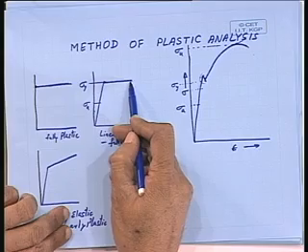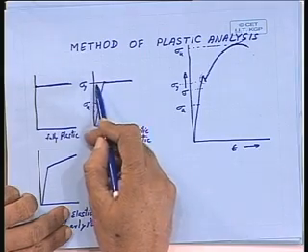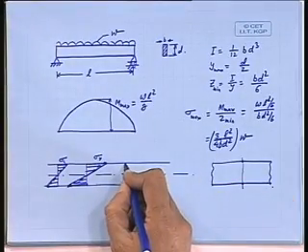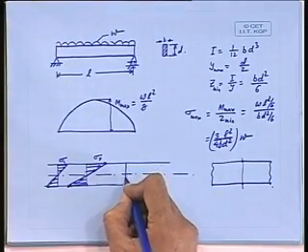Now I continue increasing the load. I further increase and therefore this stress will further increase. But according to my diagram, which I have assumed for the material, it cannot increase beyond sigma Y. So it remains at sigma Y here.